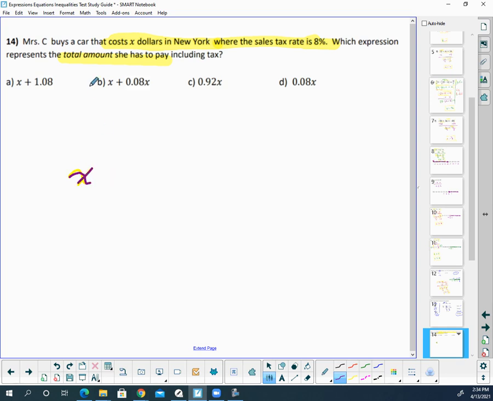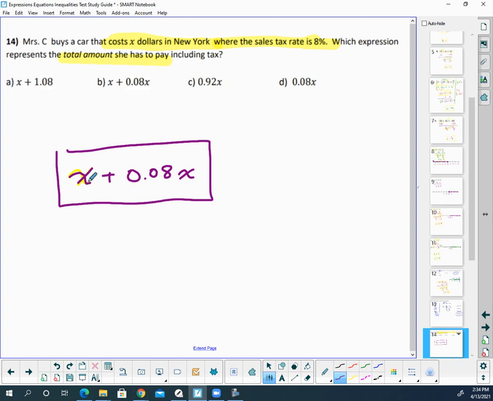She has to pay for the car. Plus, she has to pay 8% of X, or 8% as a decimal is 0.08 times X, which means this is the amount she would have to pay, X plus 8% of X. So B is the correct answer.